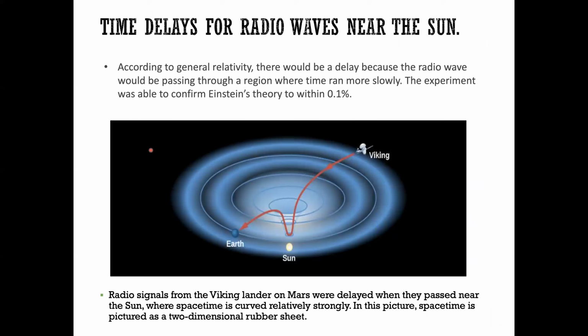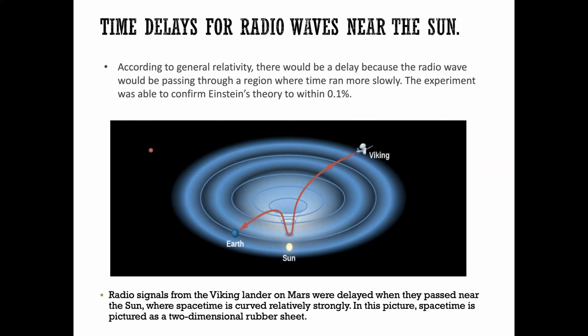And this idea is now experimentally proved: time does get slowed down. According to the general theory of relativity, a radio wave passing through a region where time runs more slowly would be delayed.